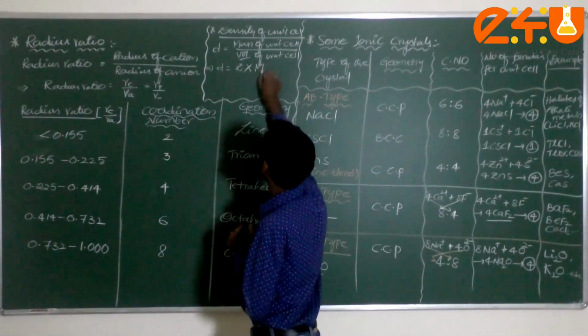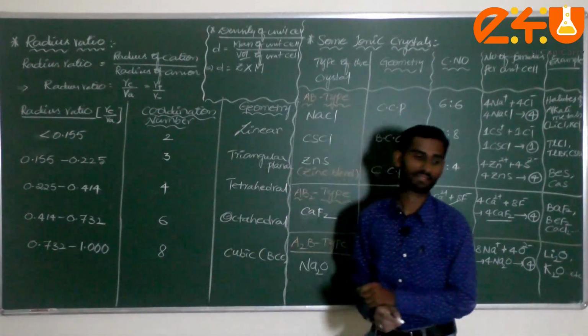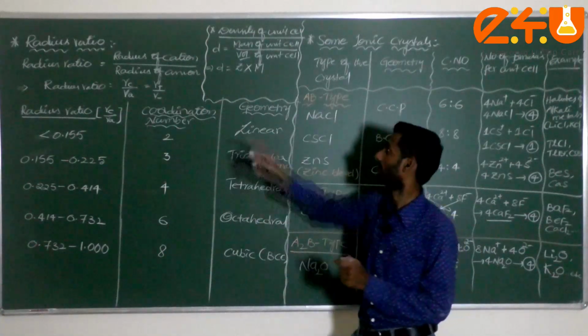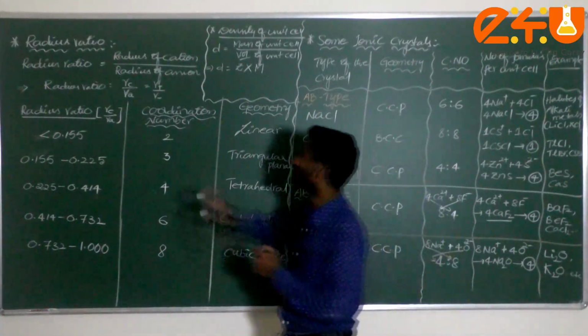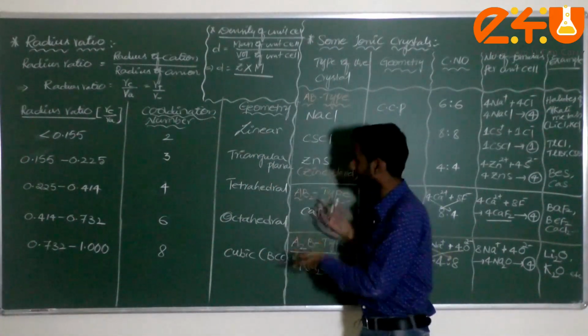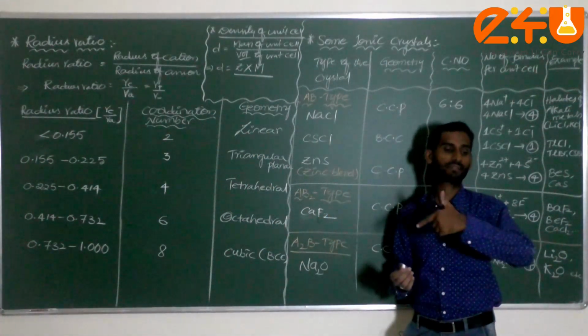Generally we consider the atomic mass, or for molecules the molecular mass, divided by the volume. For a crystal, we are discussing three dimensions: length, breadth and height.